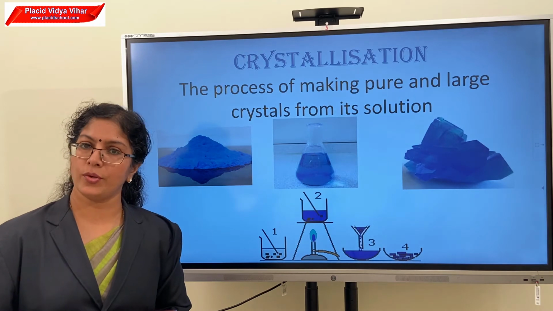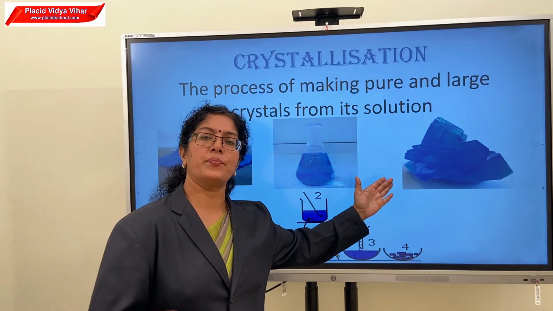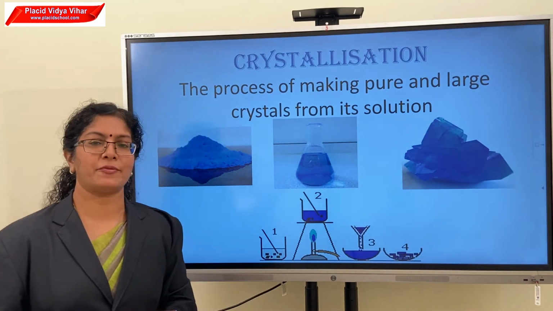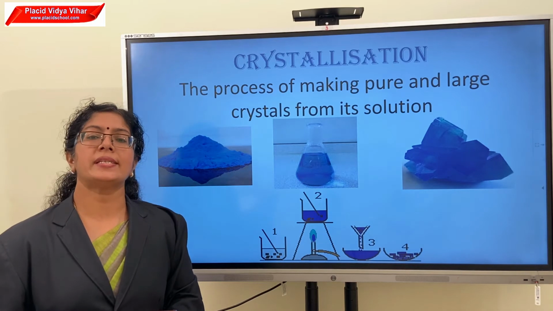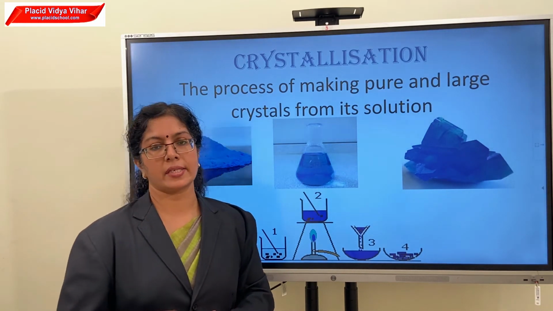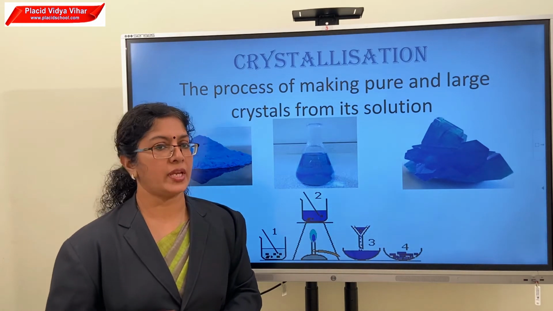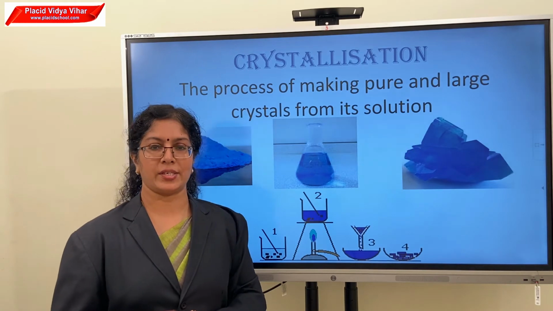So after cooling, you can see big, large and pure crystals of copper sulfate forming from the solution. So this is how we make pure and large crystals of substances from their solution, and this process is called crystallization.